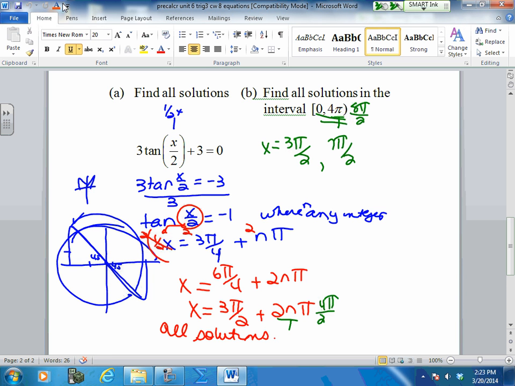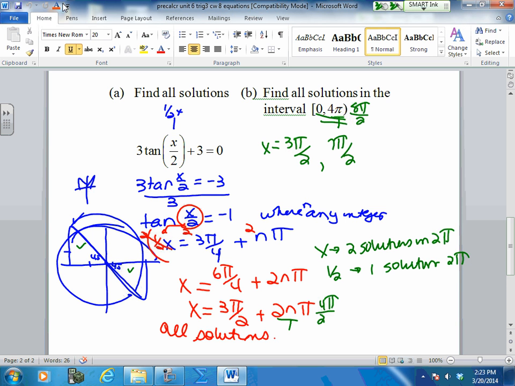So in one round, we normally had 2 solutions in 2 pi when we had an x. If we have a half of x, we have half of this. We have one solution in 2 pi.